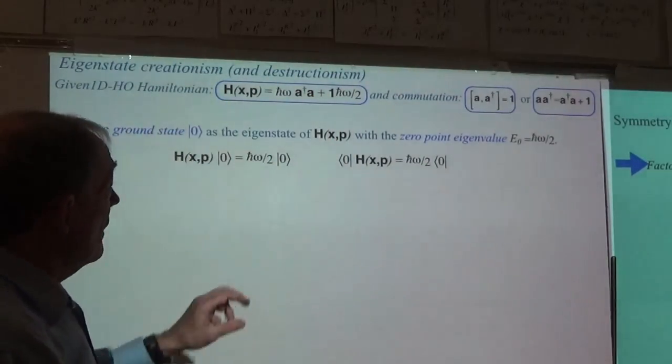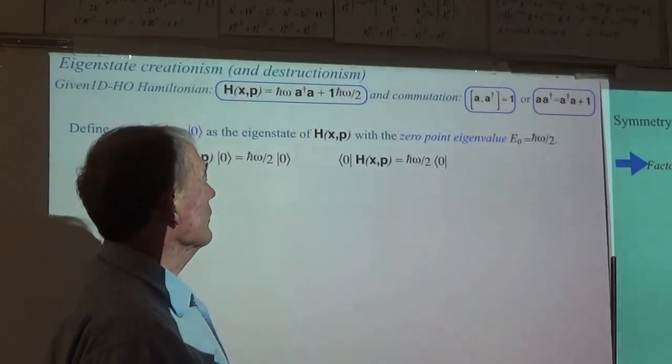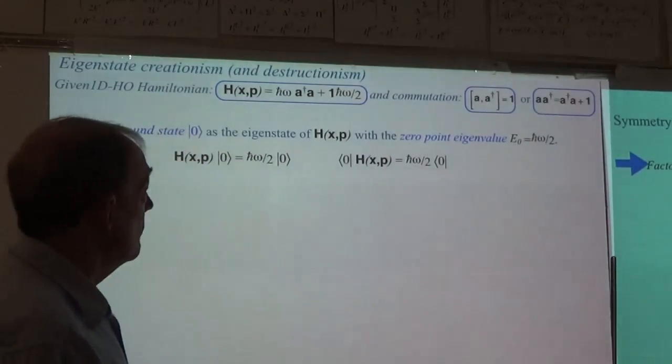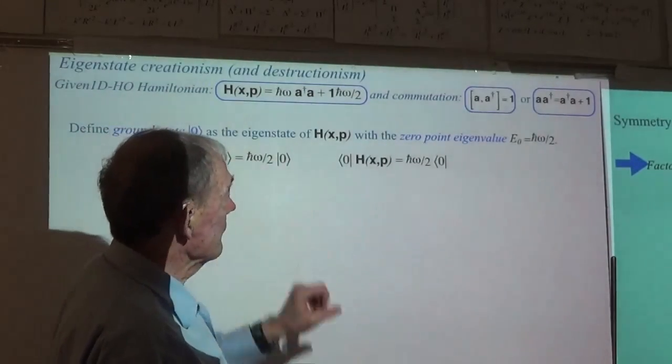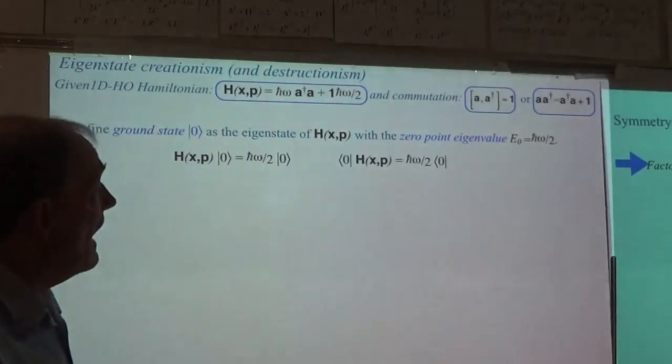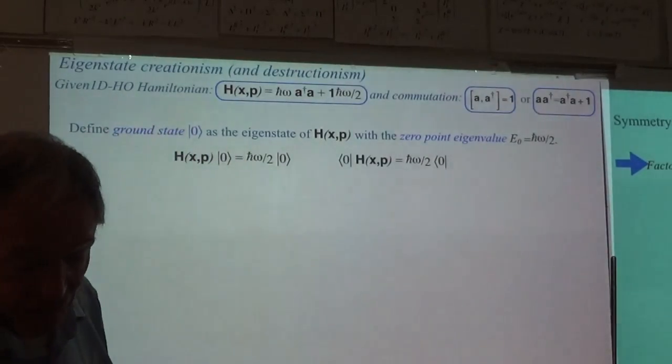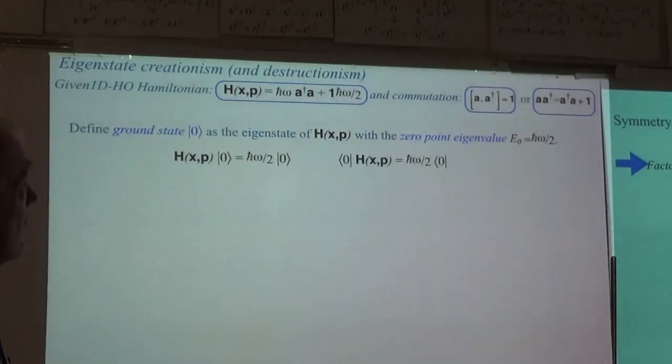We're going to assume that this thing right here gives you 0 when you multiply the Hamiltonian by it. That is essentially the axiom of this particular derivation of the spectrum that we're going to get.